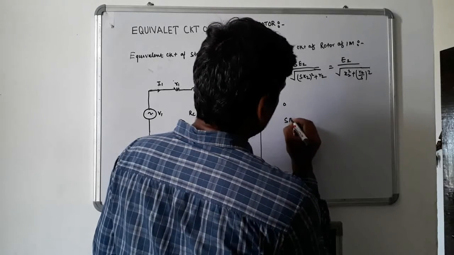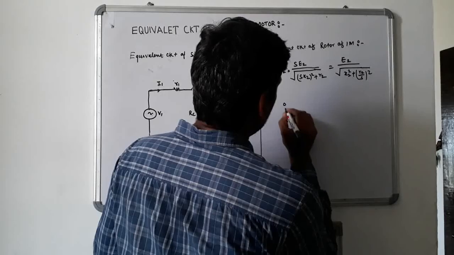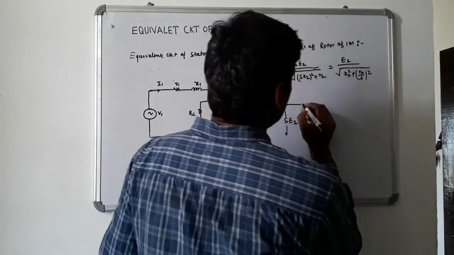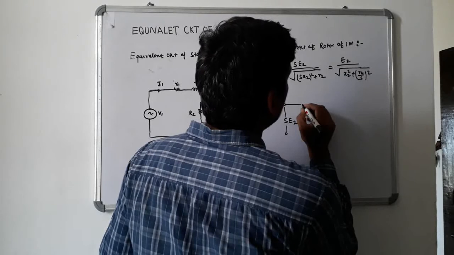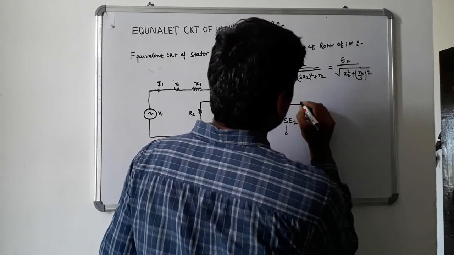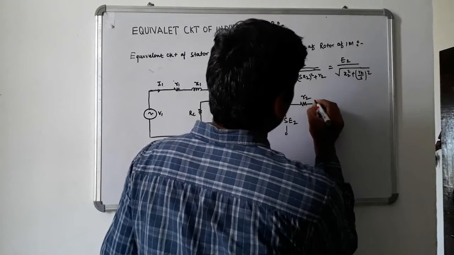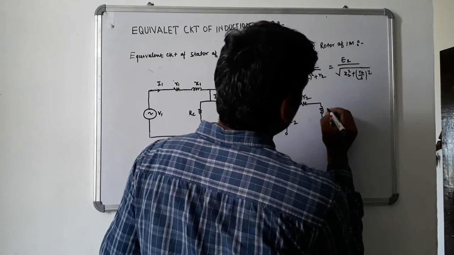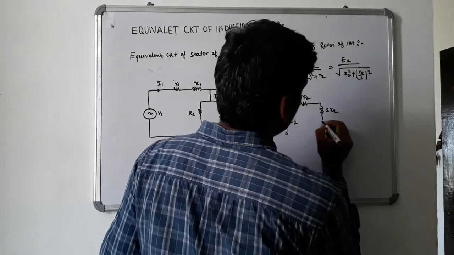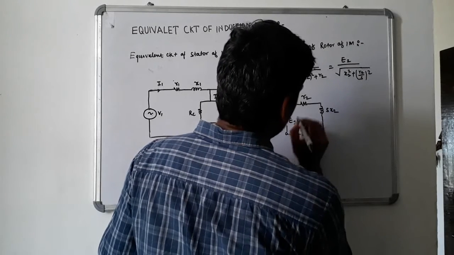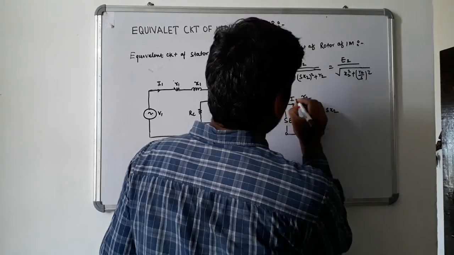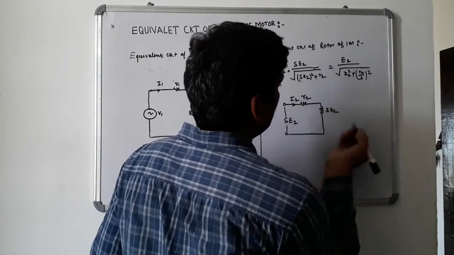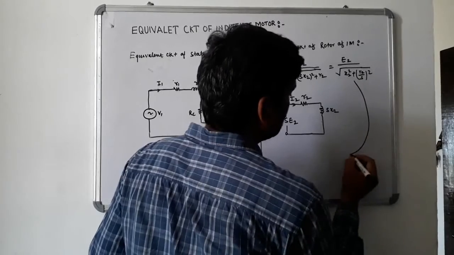The equivalent circuit of the rotor is: this is SE2, this is R2, and this is X2, and there will be the current I2. This equivalent circuit is converted according to this equation.